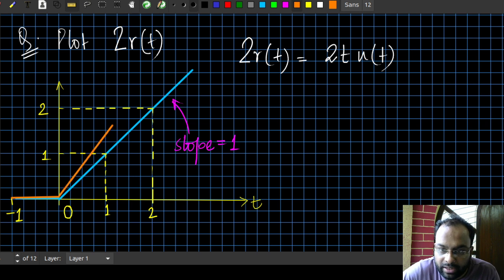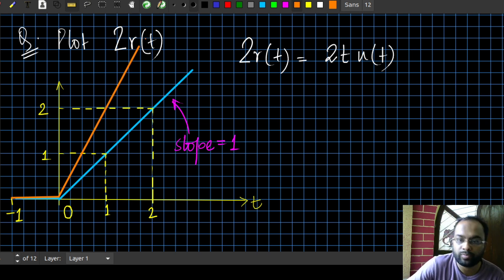So with that said, this is one of the points through which the signal will travel, and so on, right? So you can see at t equal to 1, this signal has a value of 2, right? And this will gradually increase with that same slope, right?